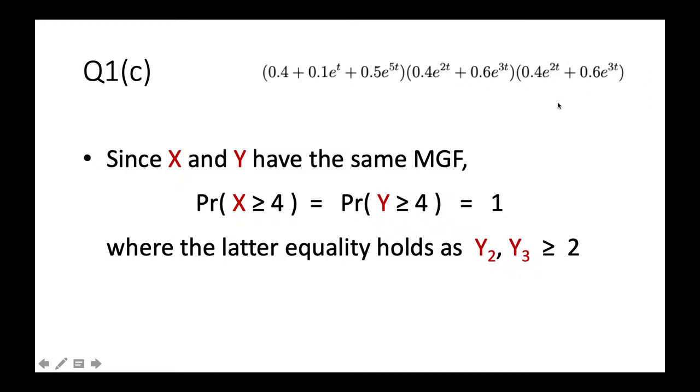So no matter what happens, the sum of y1, y2, y3, these 3 independent random variables, will always be greater than or equal to 4. So the chance of y greater than or equal to 4 is equal to 1. We can do this easily.